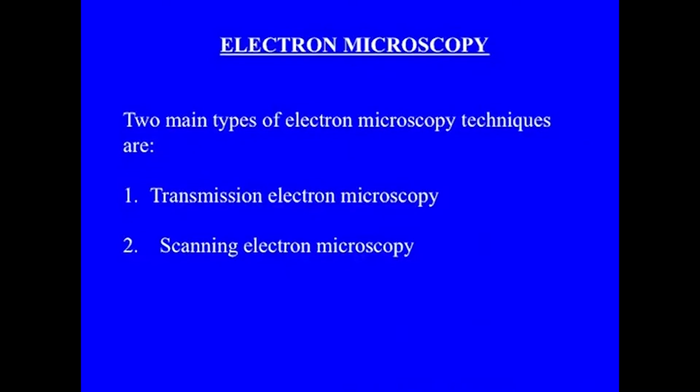Now, in this section we are going to discuss two main types of electron microscopy techniques, and these are transmission electron microscopy and scanning electron microscopy. In transmission electron microscopy, the images are formed by the transmitted electrons, and it provides you the internal details of the specimen.